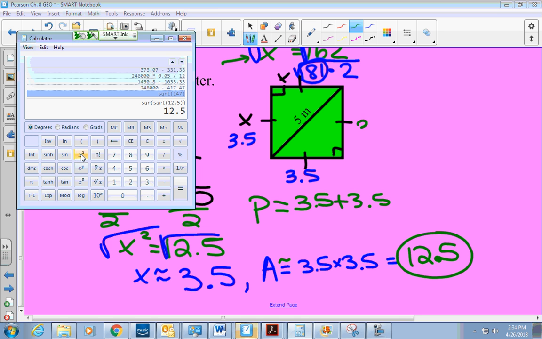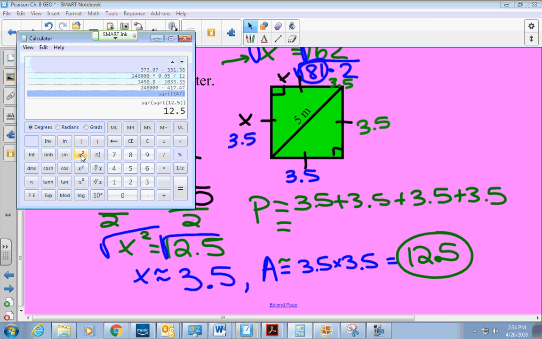How many of them are there? It's a square. How many sides does a square have? 4. A square does have 4 sides. You can do 3.5 times 4, and that's how I'm going to roll it out on my calculator. 14. So the perimeter is approximately equal to 14.